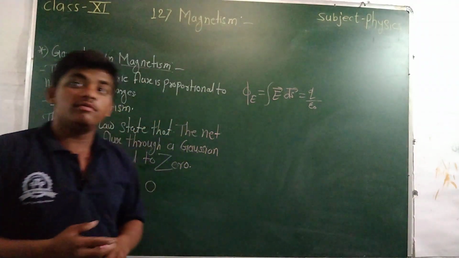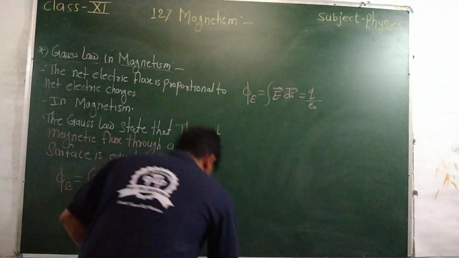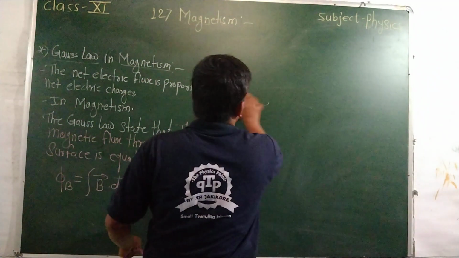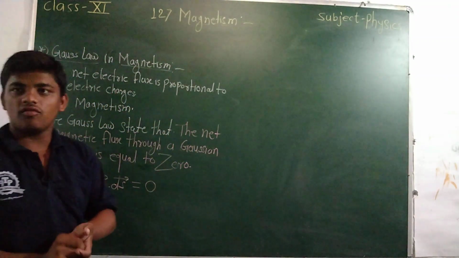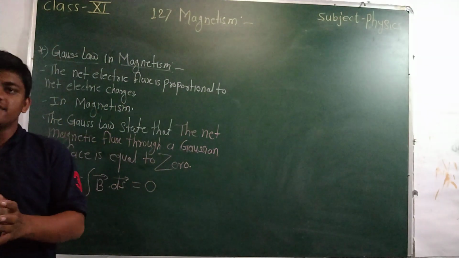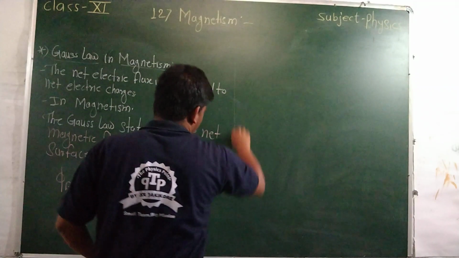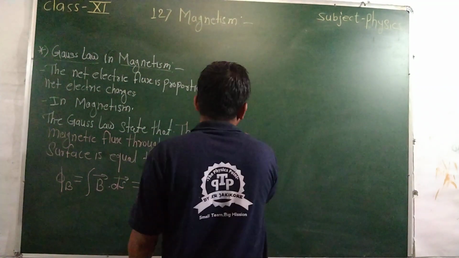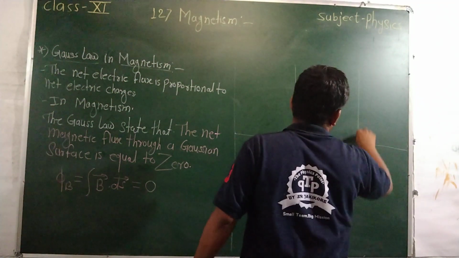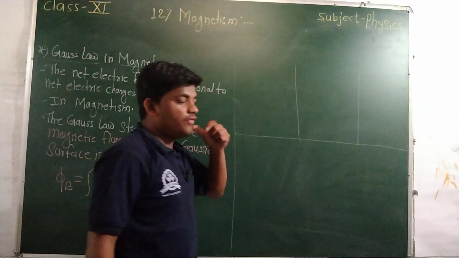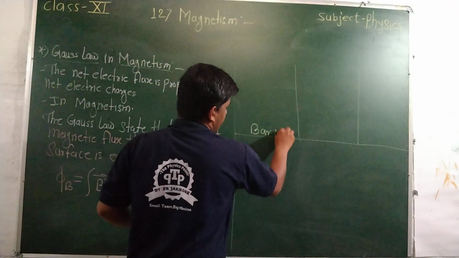Where the magnetic field is produced and where the electric field is produced, I will draw some diagrams. Then we compare the magnetic lines of force, electric lines of force, and some surfaces, that is Gaussian surfaces. I will draw 3 different diagrams here. In the first part I will use a bar magnet.